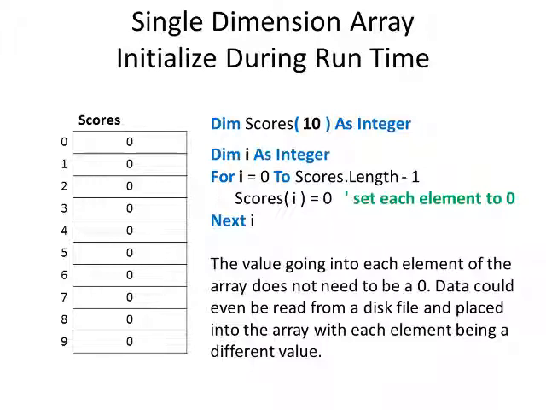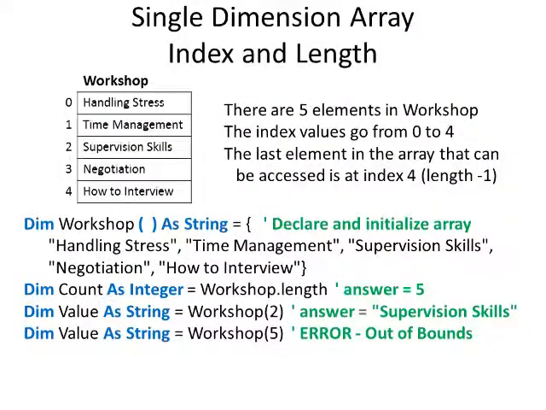This is going to set every element in the array to a 0. The values going into each element of the array do not need to be set to 0. They can be set to any value that you wish. For example, you might even want to read the data from a disk file and then store that data into the array.